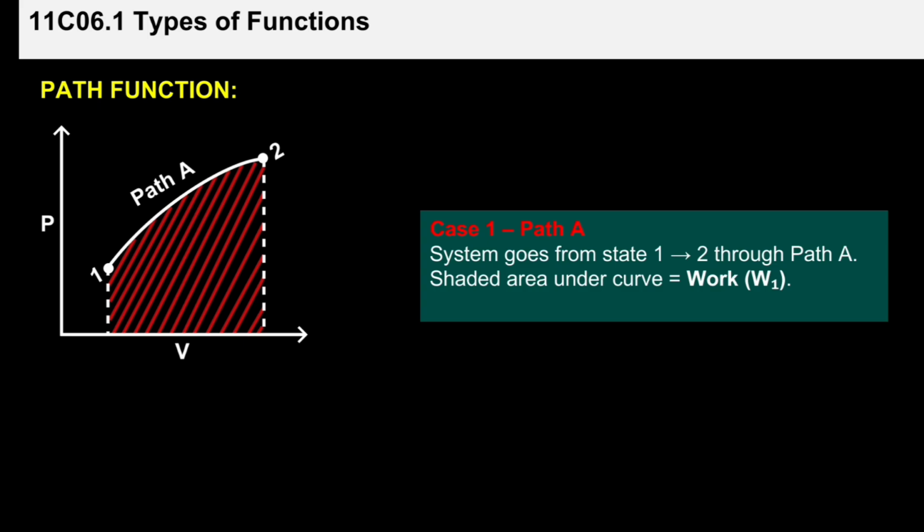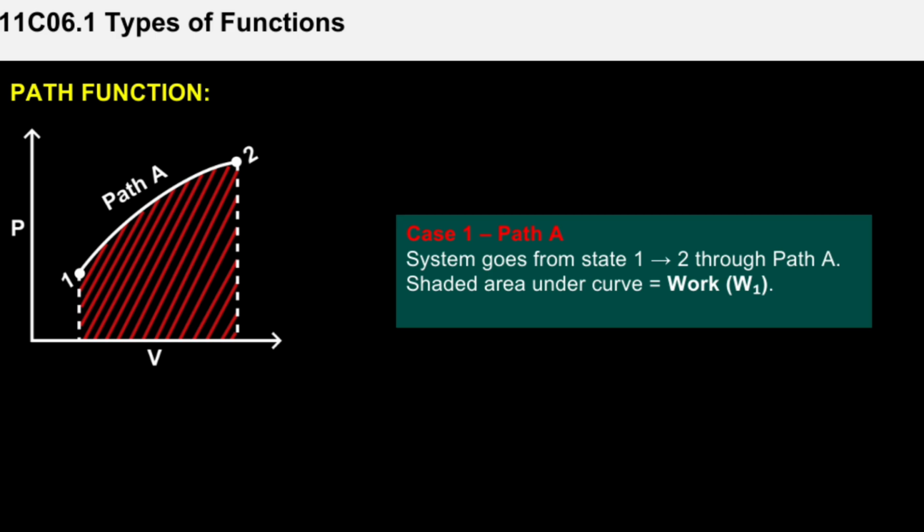Let's understand that work is an example of a path function by plotting a graph between pressure and volume. Let's consider the first case. In the first case, the system goes from state 1 to state 2 by path A, and the area under the curve is the work done by the system through this path. So we denote the work done by the system through path A as W_A. In the next case, the system goes from state 1 to state 2 through path B, and the shaded area shows the work done by the system through this path.